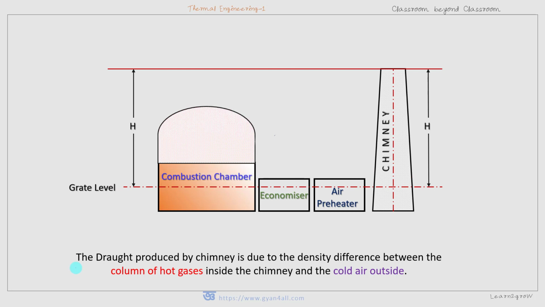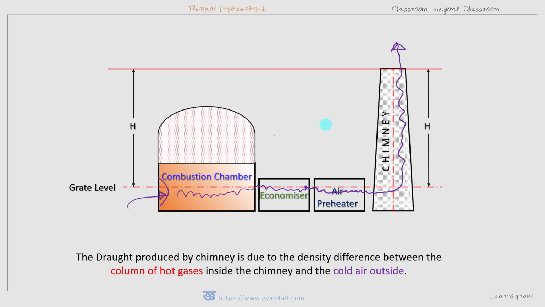Suppose this is a system of natural or chimney draught. Air enters into the combustion chamber or furnace, and after the burning of the fuel, the hot gases pass through the economizer and air preheater, enter into the chimney, and are discharged to the atmosphere.